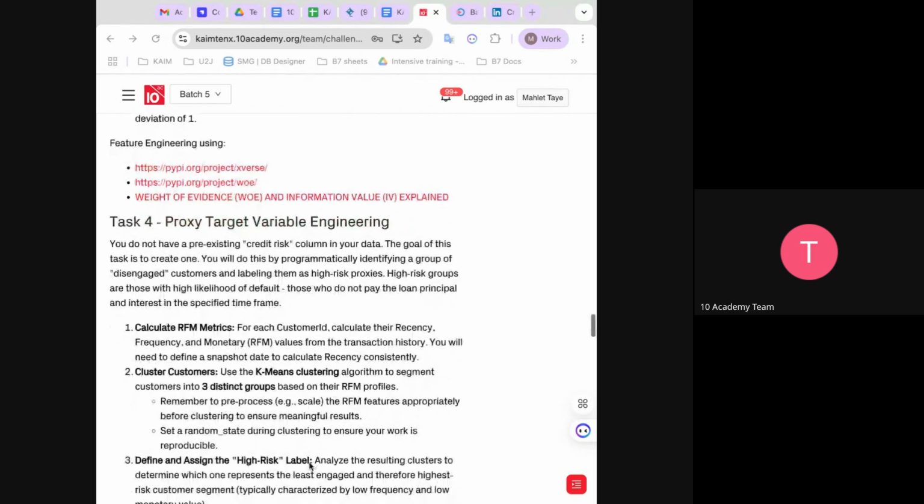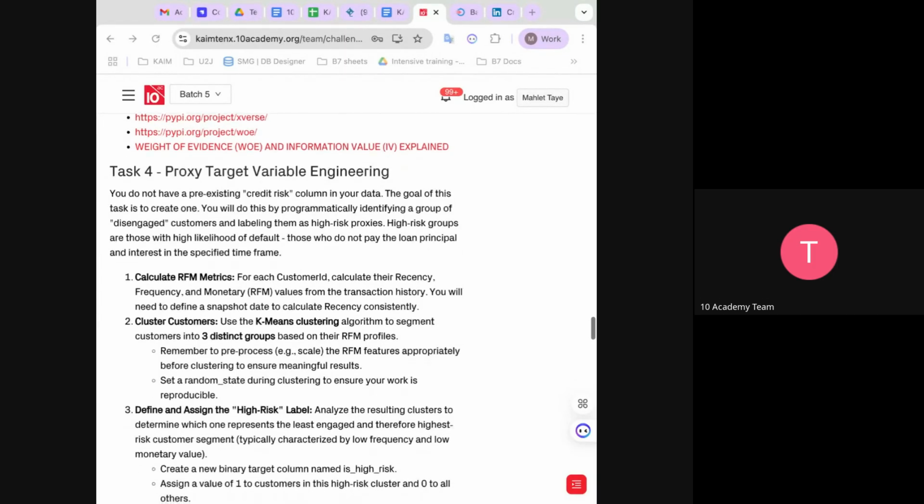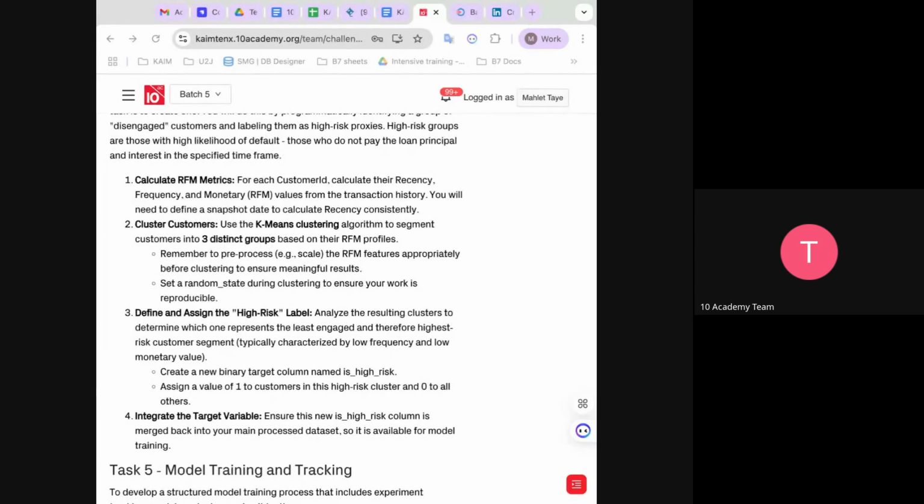You have to define the level for high risk based on the cluster, and the least engaged customers are the high risk customers, categorized by low frequency or low monetary values. So you can have the definitions of what is necessary to model these high risk customers and low risk customers, and you can integrate these into a column called risk factor.